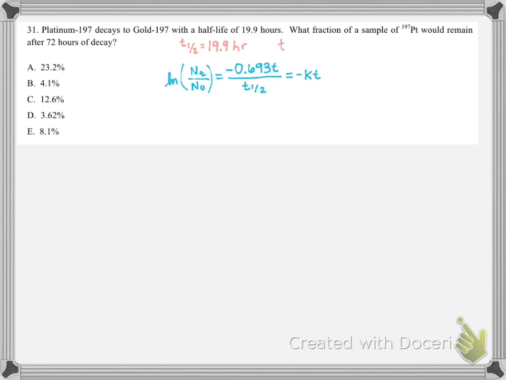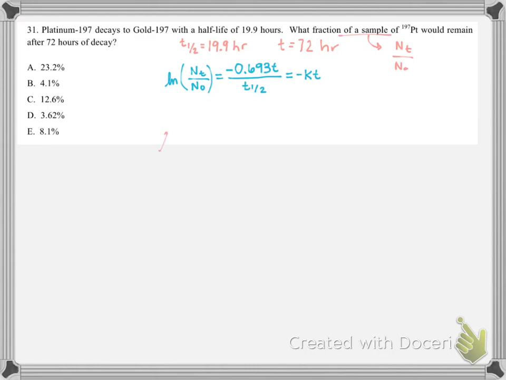So our time is going to be 72 hours, and that matches our units on half-life, so that's good. What they want us to figure out is what fraction of platinum would be left. So what they're really asking for is N_t over N_0.